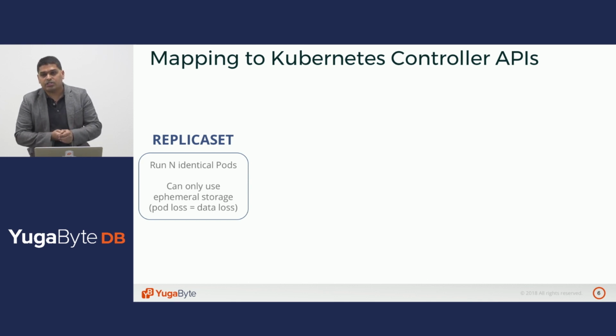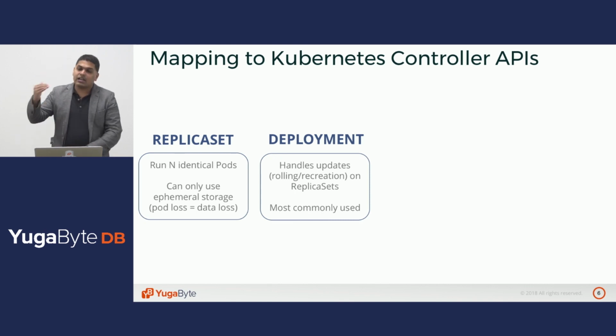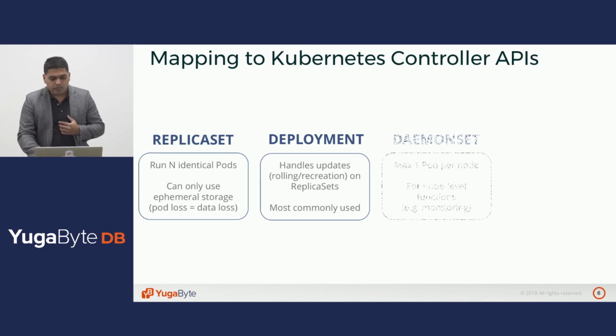They use only ephemeral storage, so if you lose the pod, any data that the pod was accessing will go away. Second is Deployment. It's just a higher level of ReplicaSet. It handles rolling updates and recreation. It's the most commonly used controller API for stateless applications.